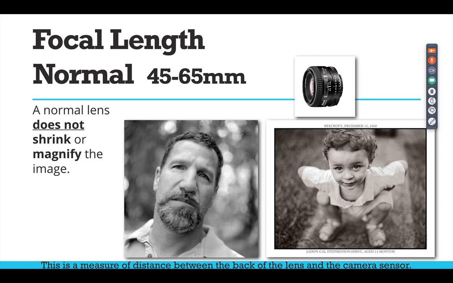It doesn't shrink the image, and it does not magnify the image to distort features. The reason it's called a portrait lens, you don't want to elongate somebody's nose or make the sides of their ears look tiny. You want it to be proportionate in display. So, if you're a modeler and you want non-distorted reference, ask for a normal lens, a 50 millimeter lens.